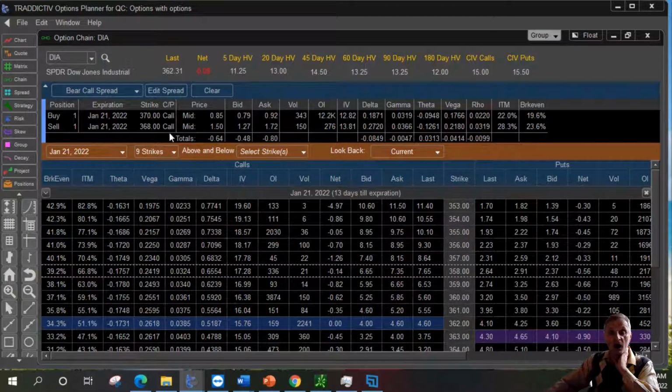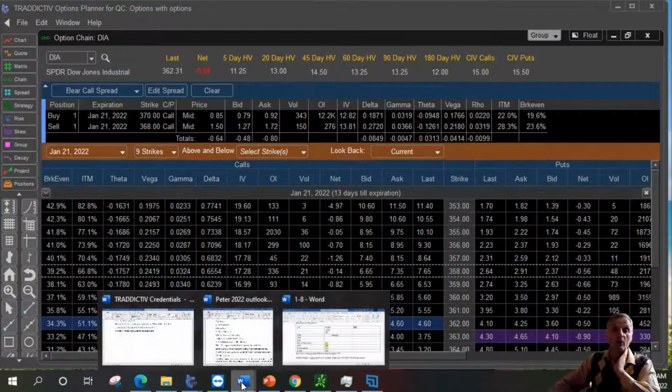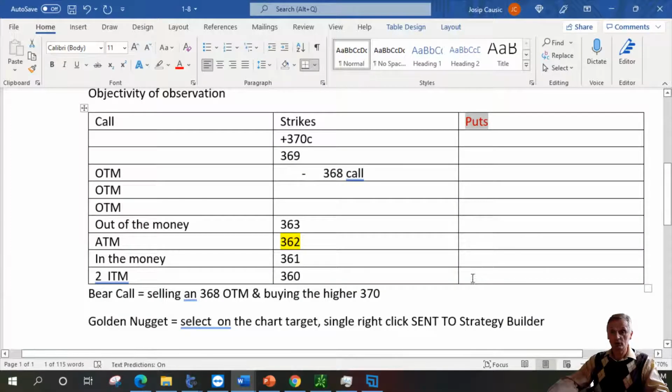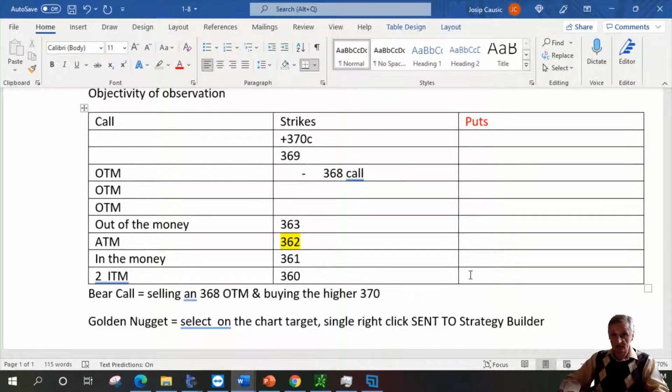I now need to move on to the put side to know what I'm going to do with the puts. In terms of the puts, I would need to buy the put down here. If my target is 360, I want this thing to drop to 360.